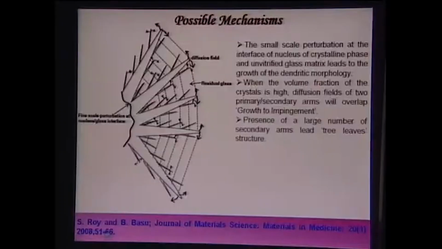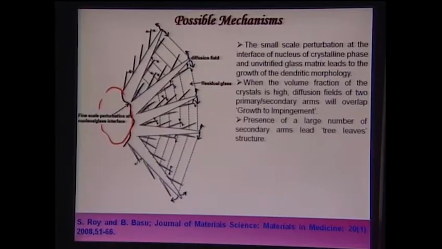Now, what we believe is that during this crystallization process in the base glass, a nucleus initially forms, and when the heat treatment takes place, from this nucleus, this is the nucleus and this is your glass matrix. At the nucleus glass interface, some kind of perturbation grows, and this perturbation leads to crystals in different directions.